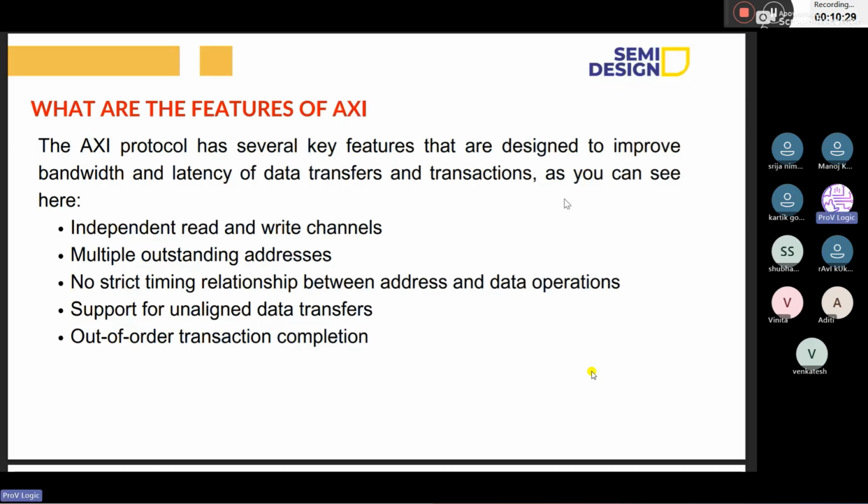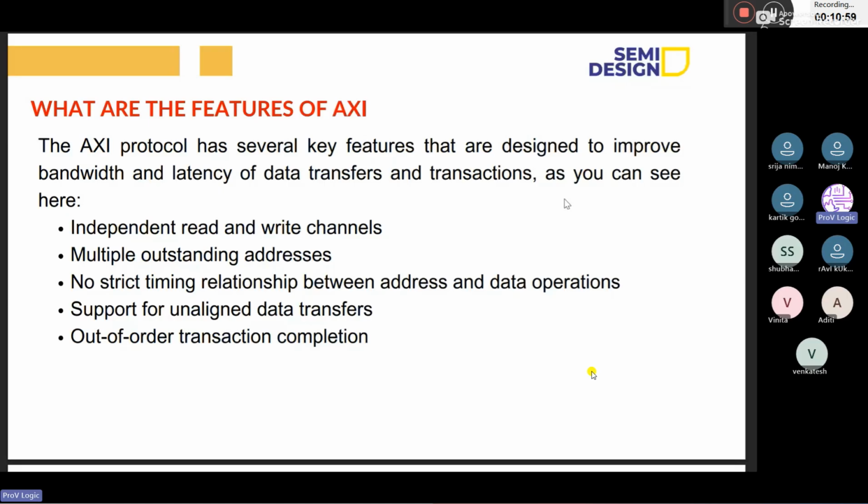Next feature is the handshake mechanism. Handshake mechanism means that in the AXI protocol, we have valid and ready signals for every channel, so that we get synchronized communication. Based on these features, automatically it has high throughput and low latency.